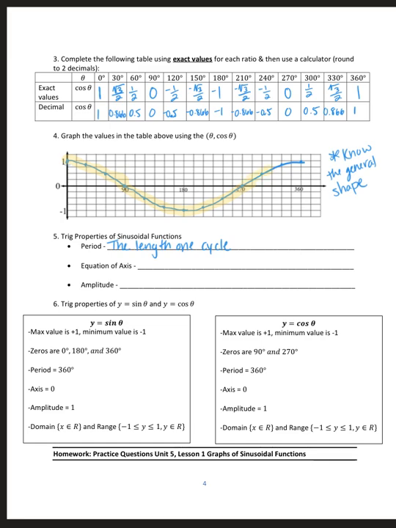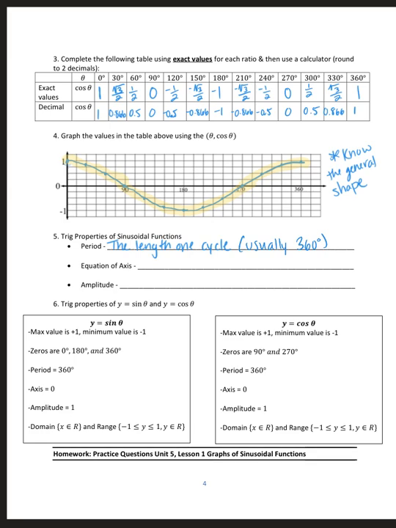All right, and it doesn't come back up to 1 again to make that repeating pattern happen again until 360. And the same is true of the sine function. So the period is usually 360 degrees. When we get into transformations, we'll see that we can change the period, but the general shape for sine and cosine has a period of 360 degrees.